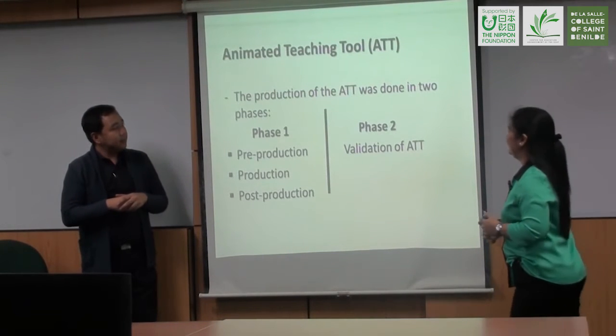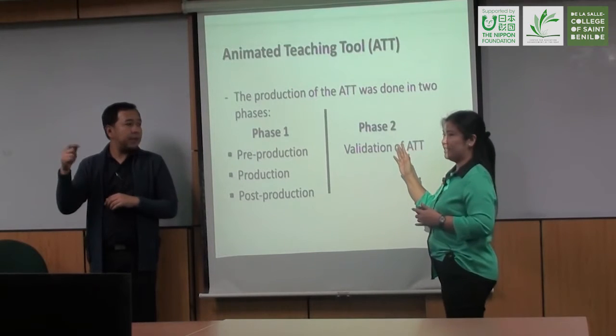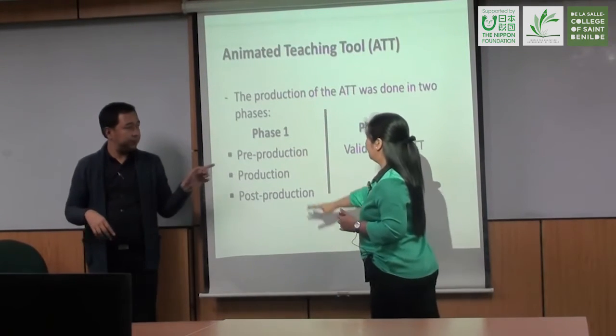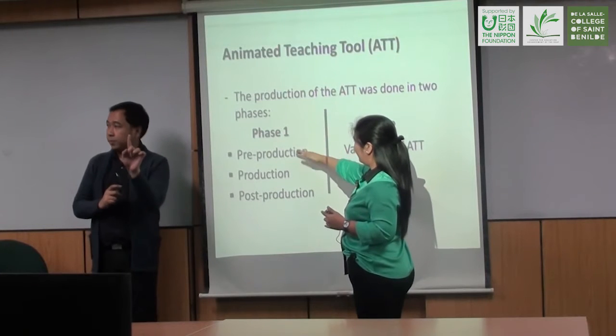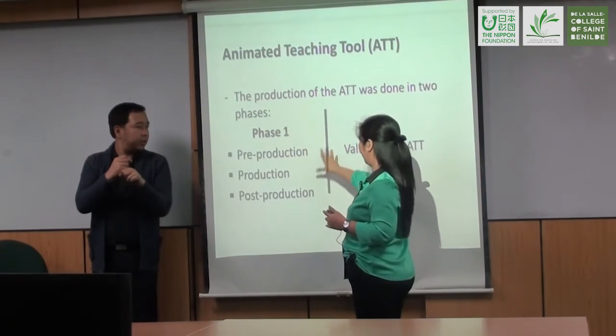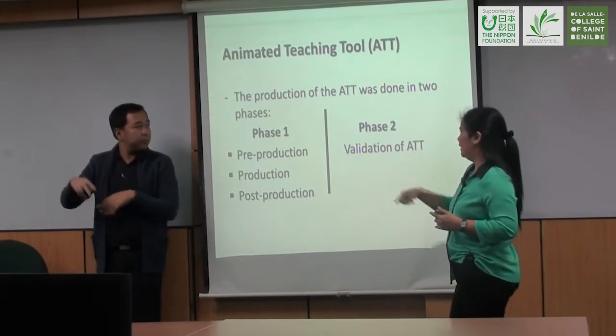For the ATP, it was done in 2 phases. For phase 1, there's the pre-production, production, and post-production. And phase 2 is the validation of the ATP. And I will discuss phase 1.